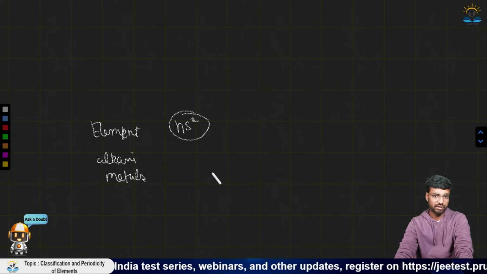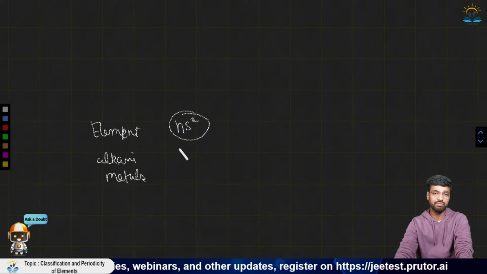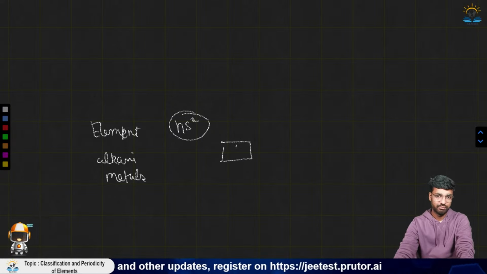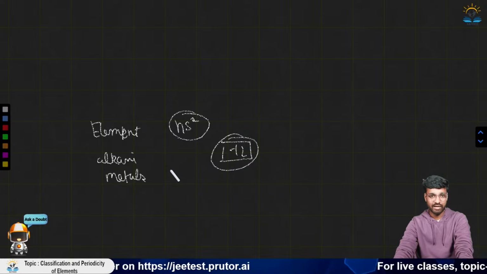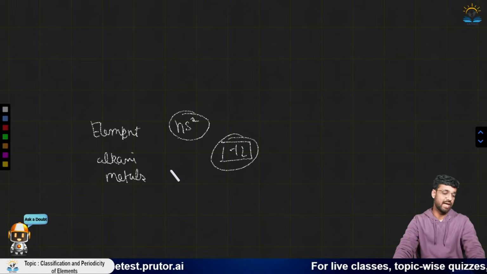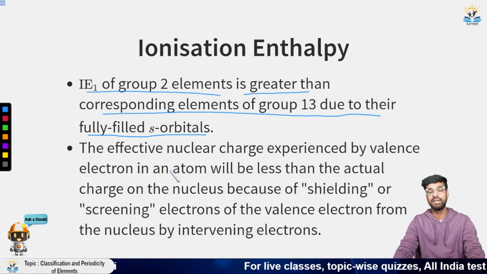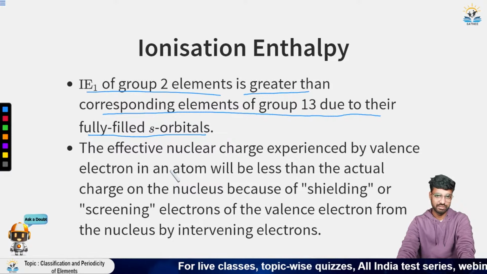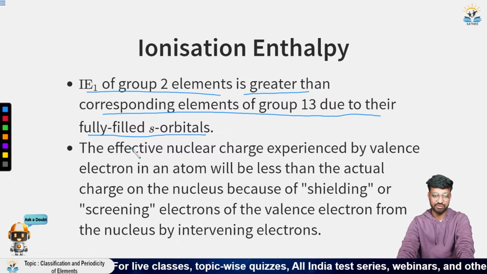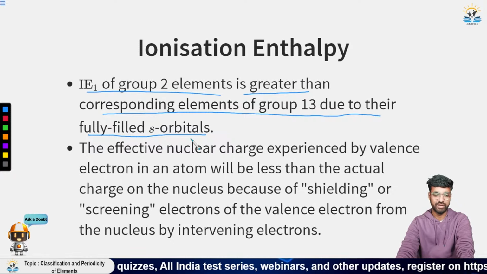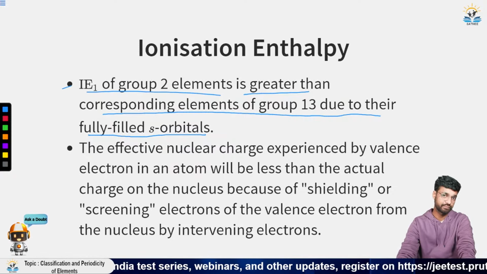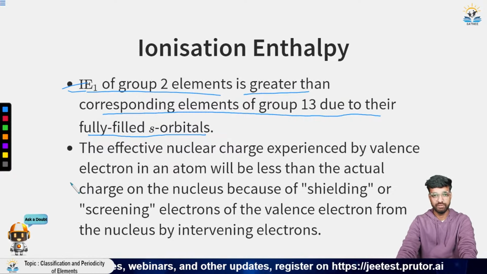Due to this fully filled orbital, it has a greater ionization enthalpy as compared to group 13 elements. So group 13 does not have such stability, which is provided to group 2 elements by their filled s orbital. Okay, so this should be kept in mind.